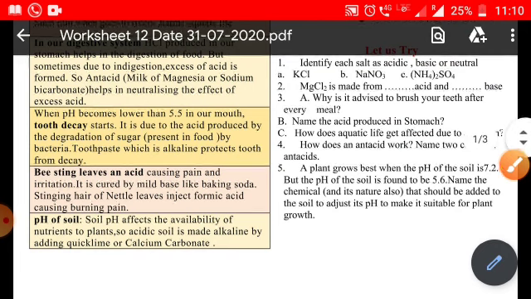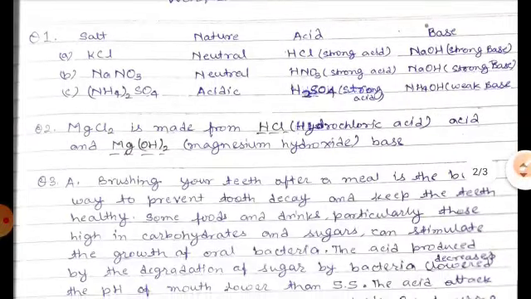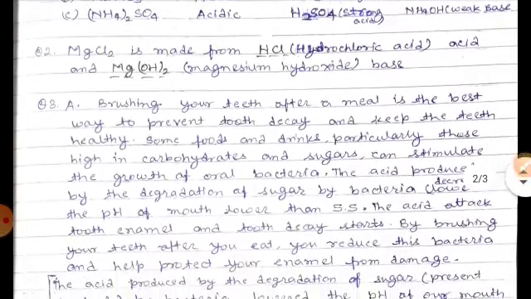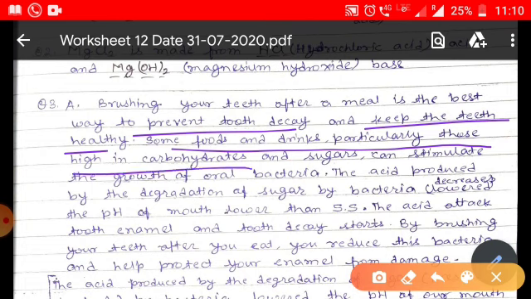Third question: why is the advice to brush your teeth after every meal? Because brushing our teeth after meals is the best way to prevent tooth decay and keep the teeth healthy. Some foods or drinks, particularly those high in carbohydrates and sugars, stimulate the growth of oral bacteria, which produce acid.